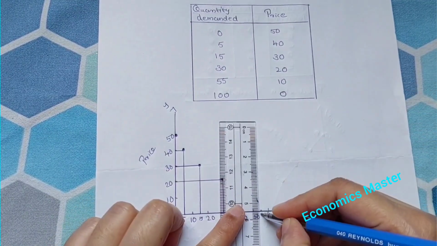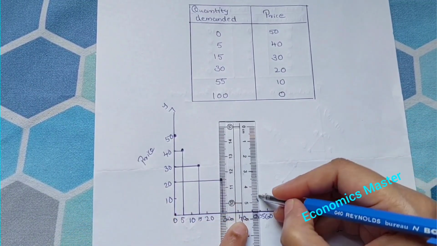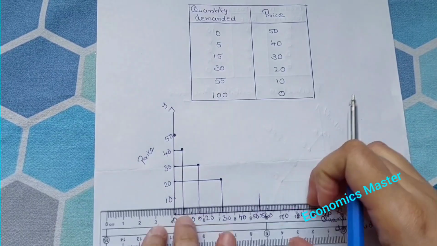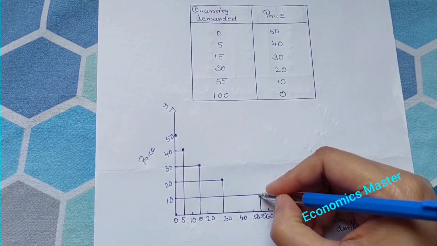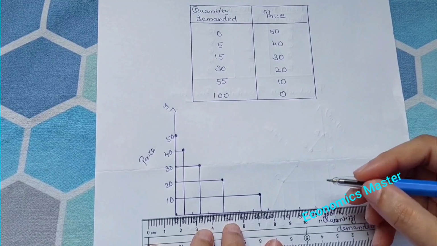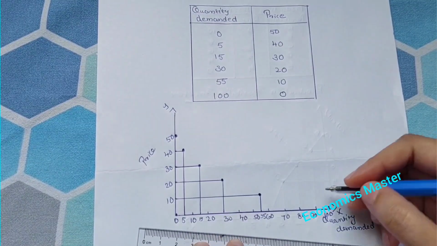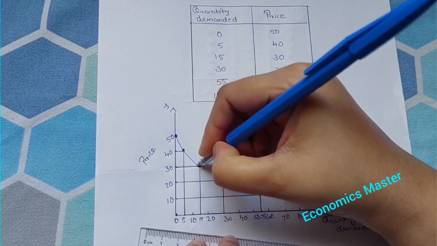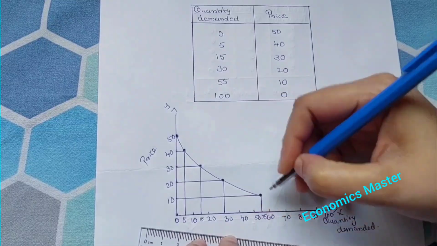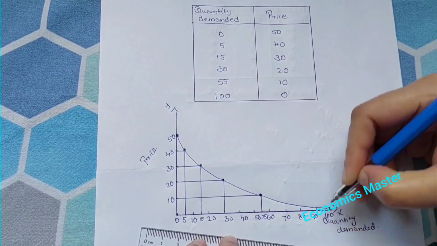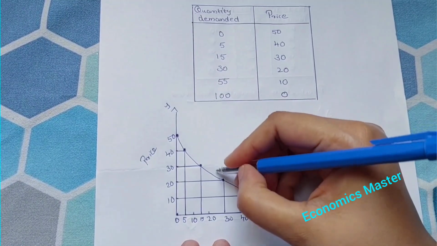When the price is 10, the demand is 55. When the price is 0, the demand is 100. Join all these points, we will get a negative sloping demand curve.